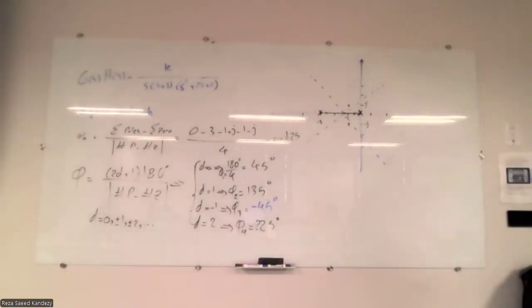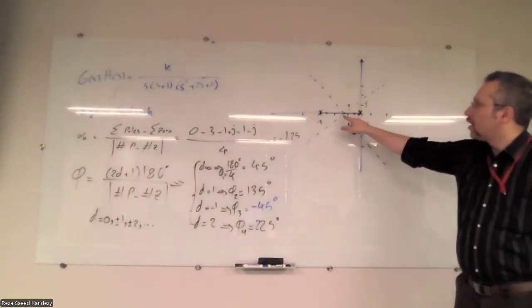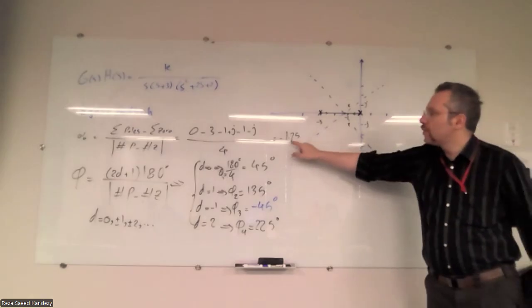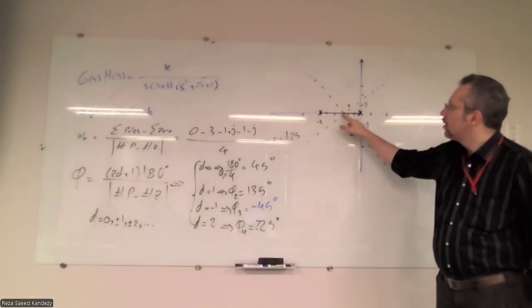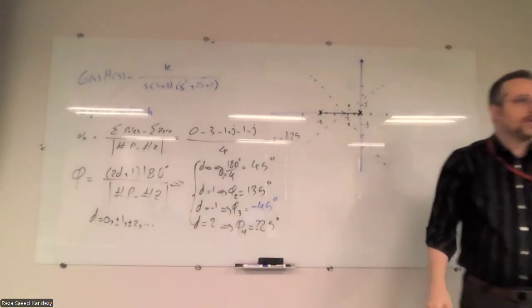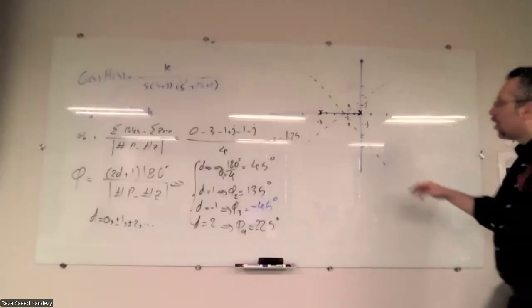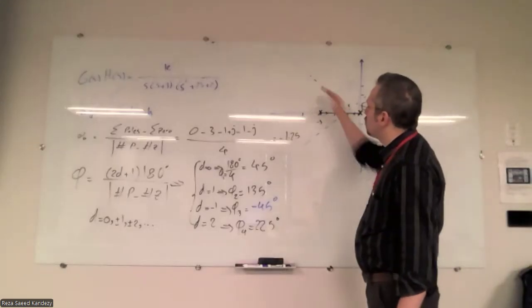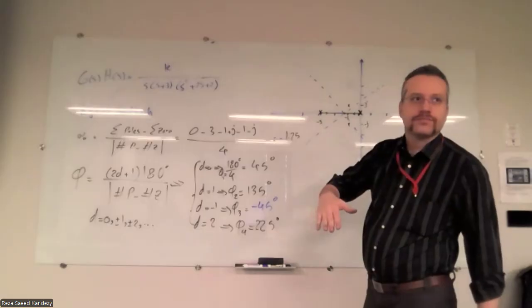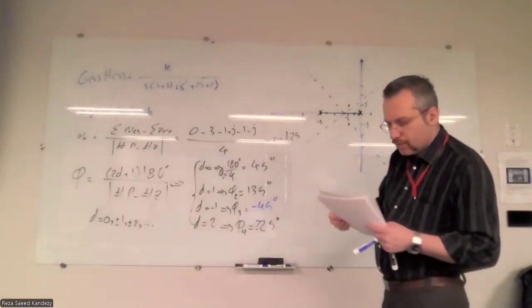So our asymptote lines are going to be crossing at minus 1.25 here with the angles that we found. Are we good? Now that means our poles are going to approach these lines when they move out.